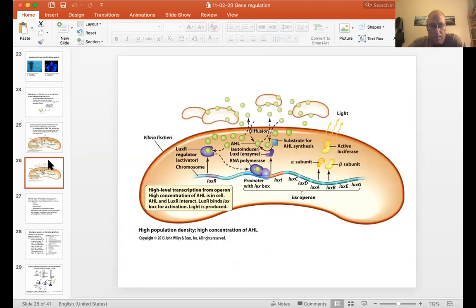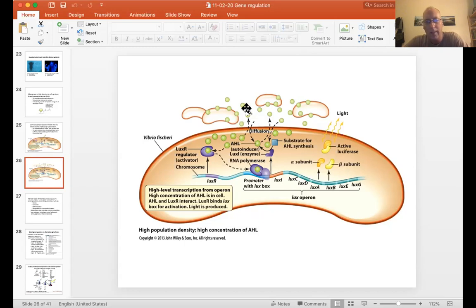Now, at high concentrations, when there's a lot of these bacteria around, all of which are producing their constitutive level of AHL, and these are in the light organ of the squid, I should point out, the AHL is slow to diffuse out of the light organ because there's a lot of tissue for it to go through. So as these bacteria build up here, the concentration of AHL builds up as well.